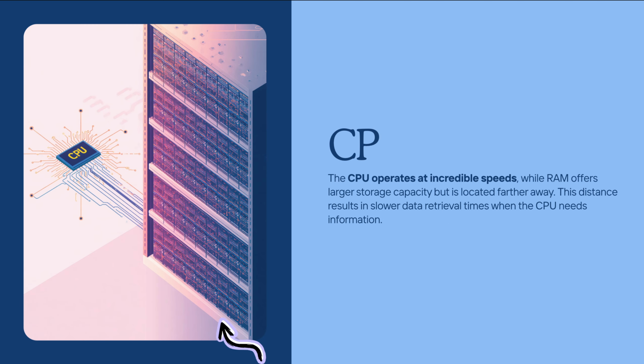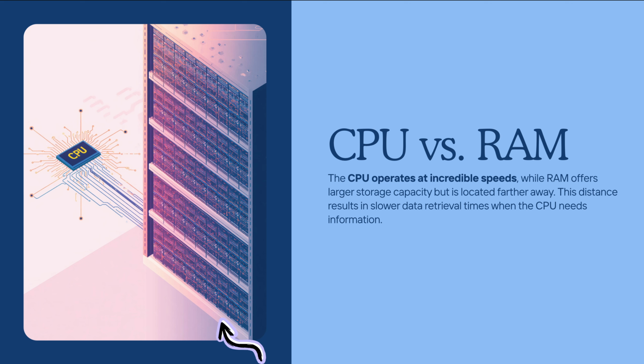Moving on, let's talk about some background of CPU versus RAM. The CPU is like the brains of the computer. It works extremely fast. RAM is where the program and data are stored while the computer is running. RAM is much bigger than cache, but it's farther away from the CPU, so getting information from RAM takes more time.